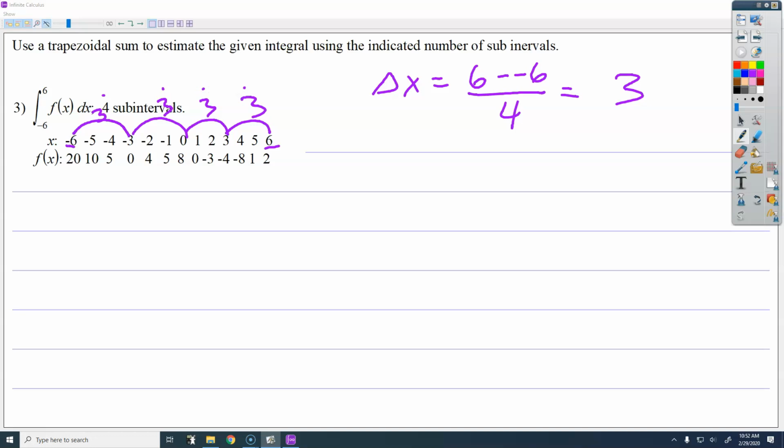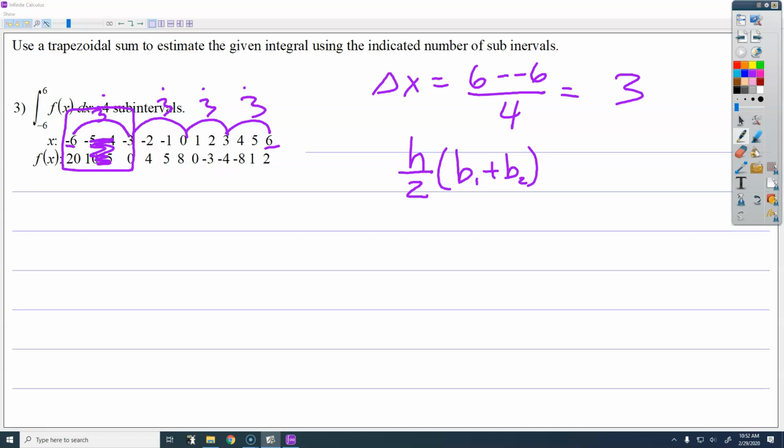Now when you're doing a trapezoid sum, the way you do that is you do the height over 2 times the sum of the bases, right? Okay, so my first trapezoid is going from -6 to -3. Now we don't really care about any of this middle stuff here. We only care about the endpoints of the trapezoid.